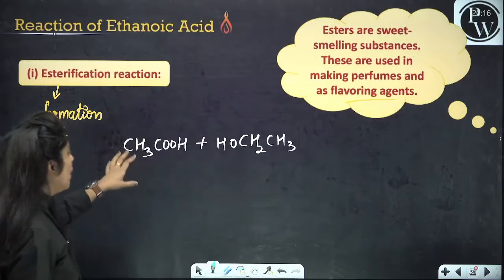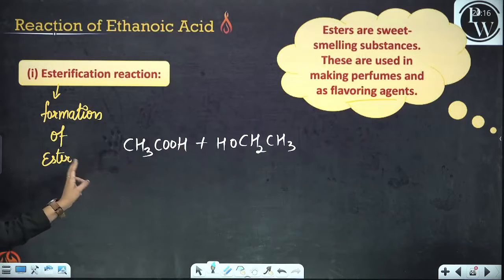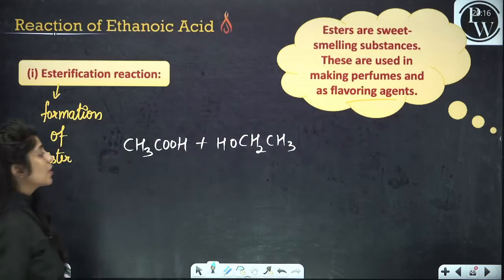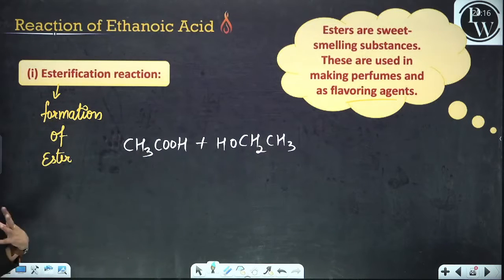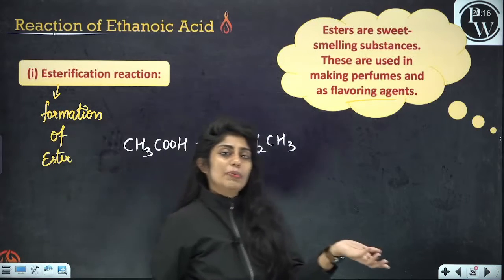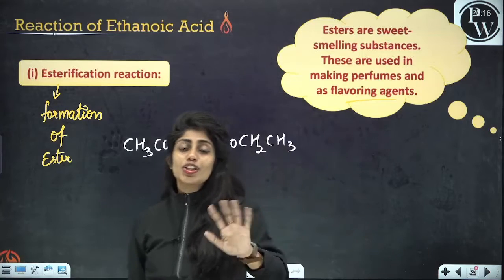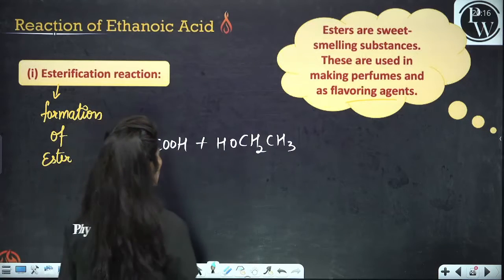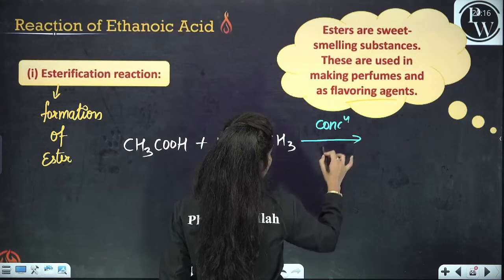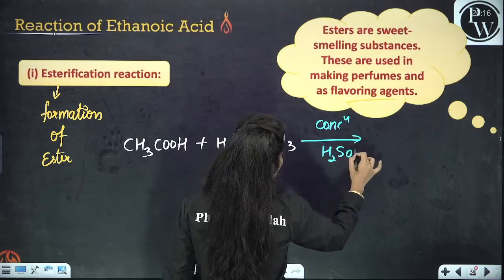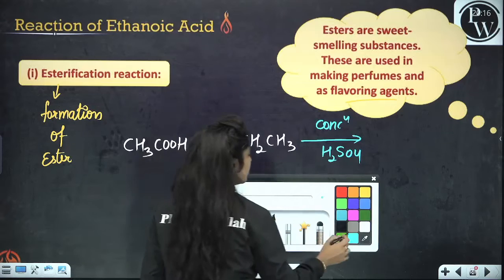So I am placing them likewise: CH3COOH, done, CH3CH2OH. Any problem in that? Because I want to show the proximity. This reaction is going to happen in the presence of concentrated H2SO4.